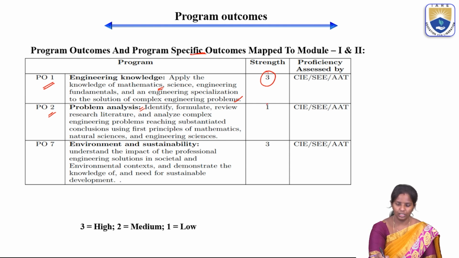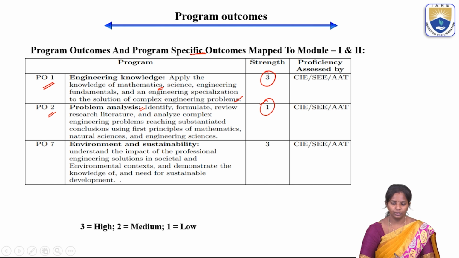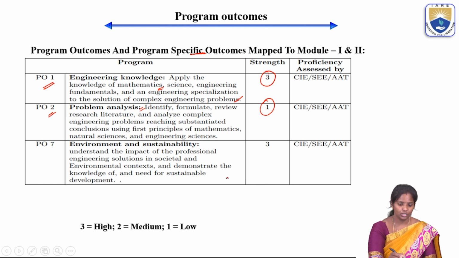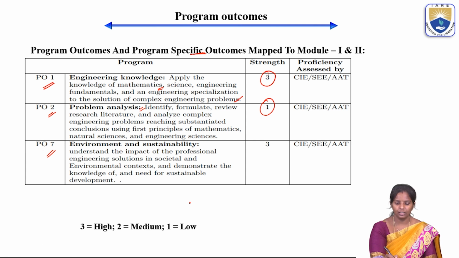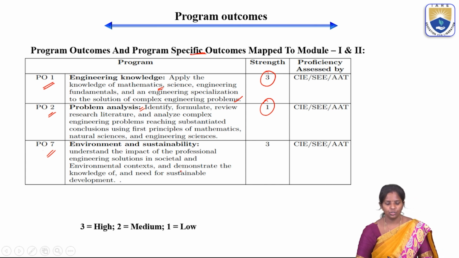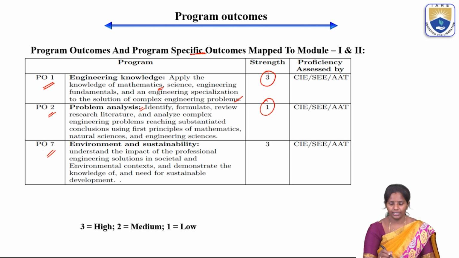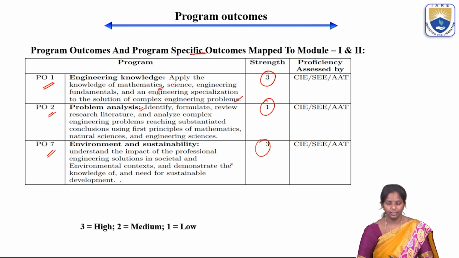So the strength is 1. It also includes key competence percentage calculations. Then PO7 is environment and sustainability, understanding the societal and environmental context. So it is also having 3.